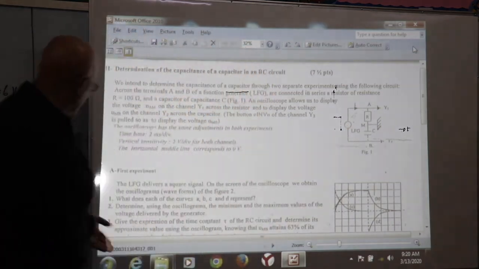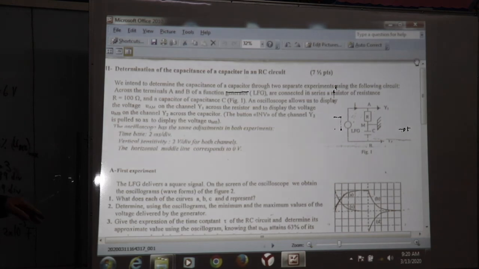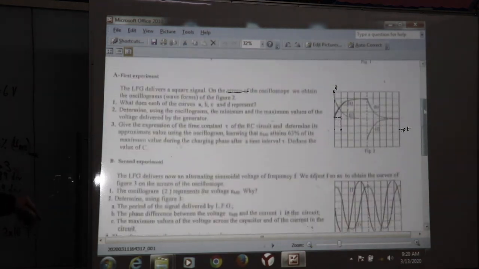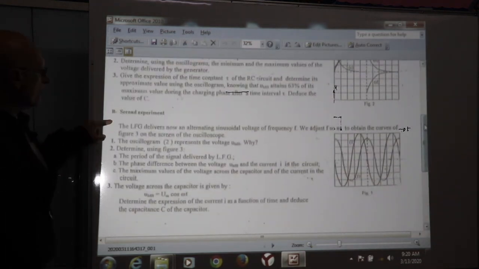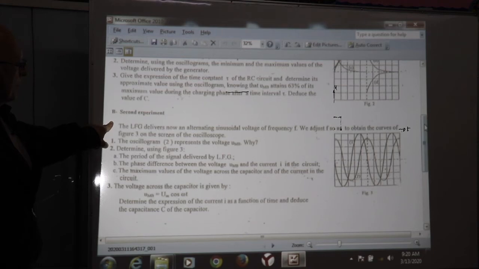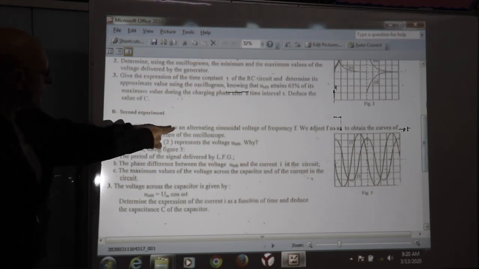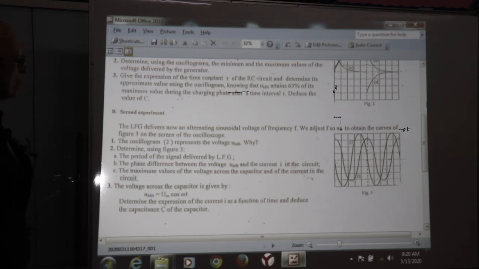Now in part B, experiment B, we are going to find C where the low frequency generator delivers now an alternating sinusoidal voltage of frequency f.